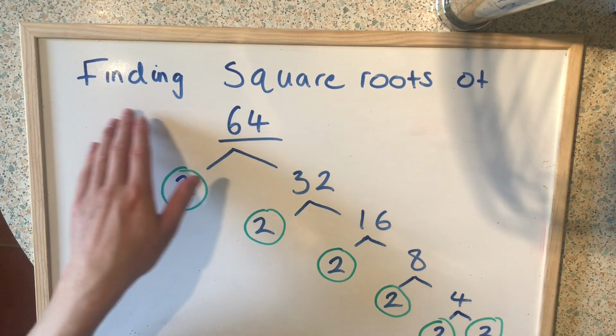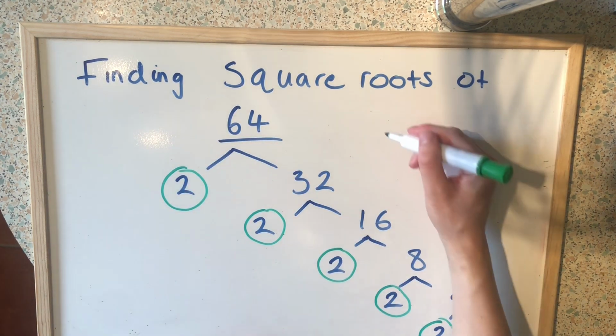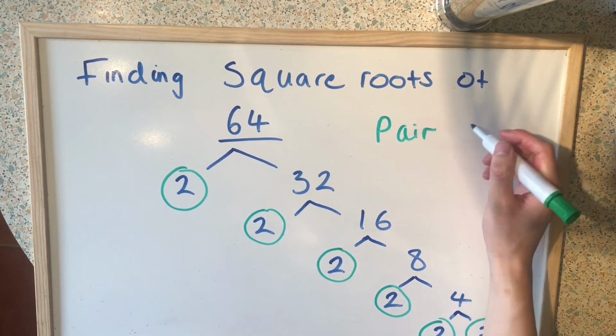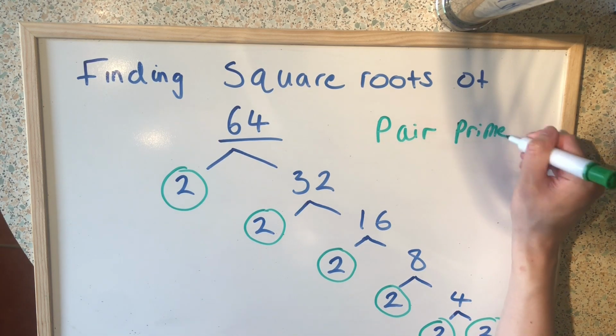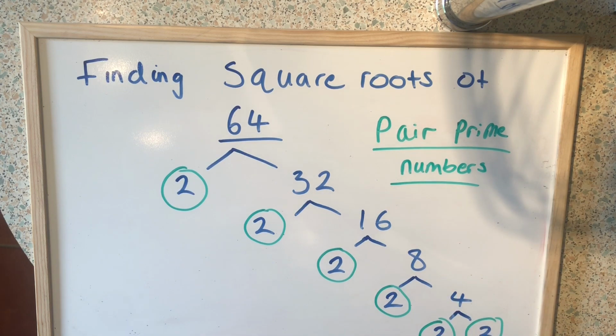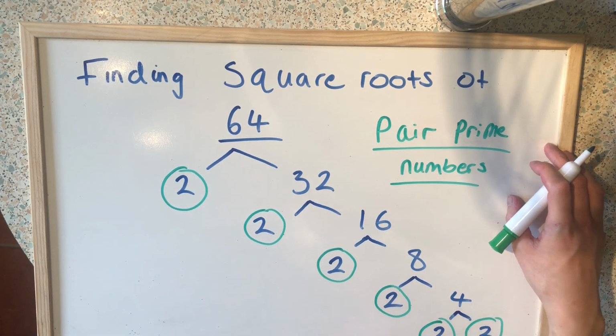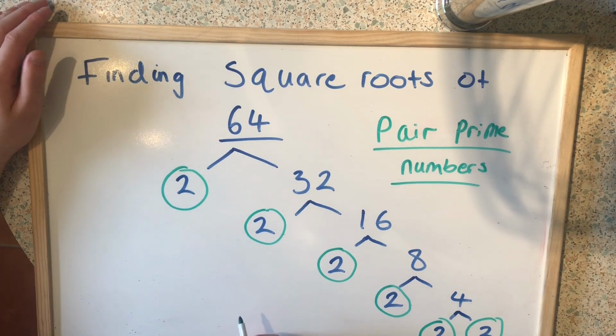And now, because we want to find the square roots, we have to pair the prime numbers up. So before we pair them up, we're going to write this out as a multiplication.